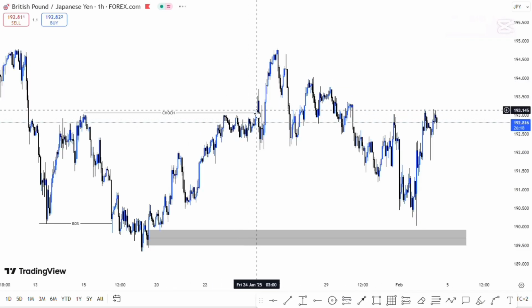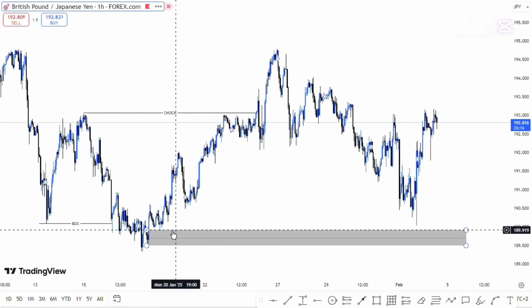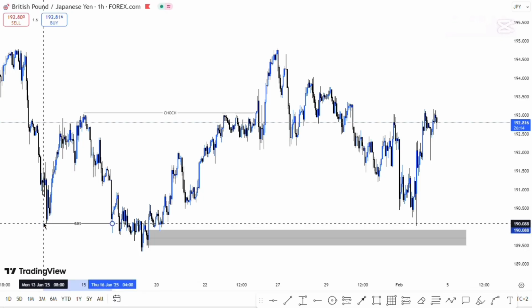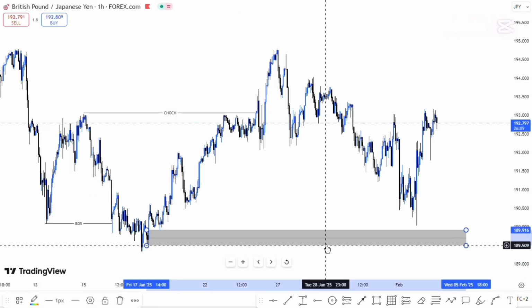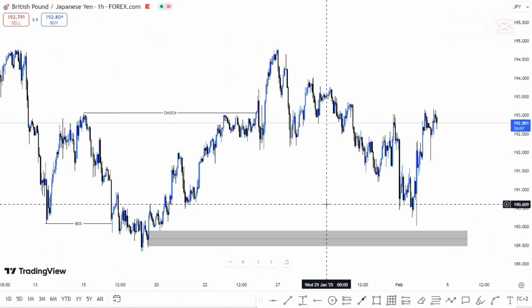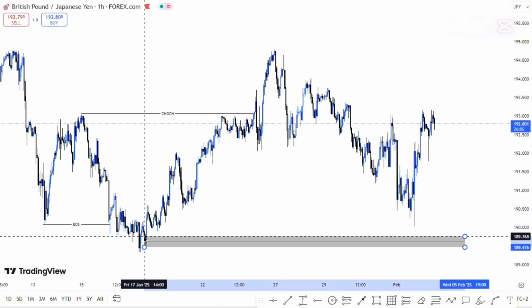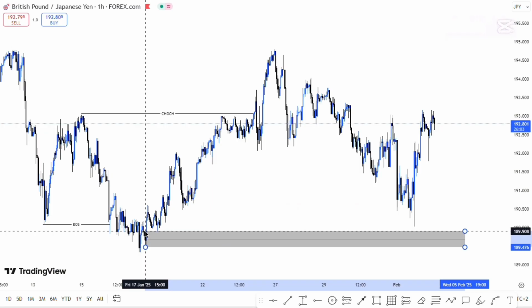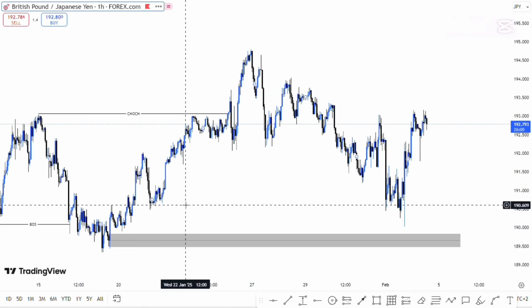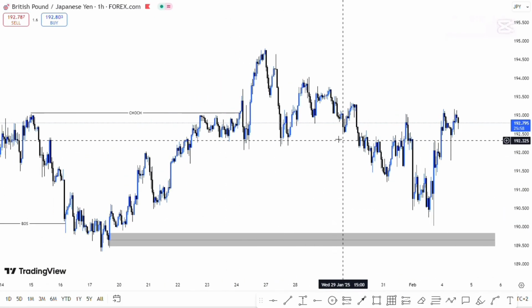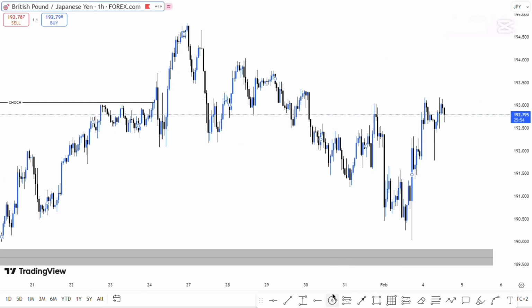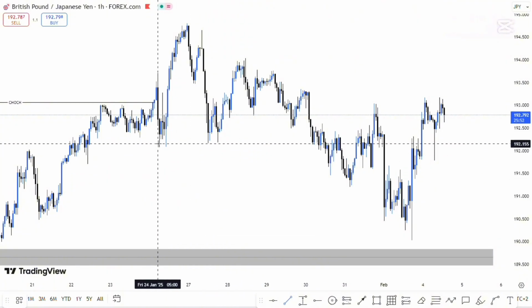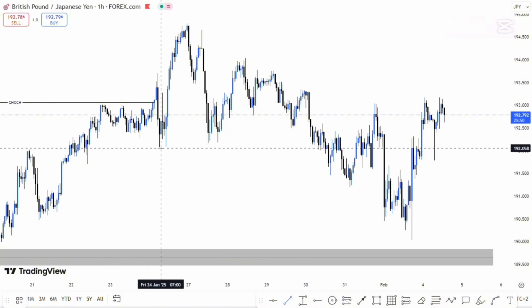Okay, now let's adjust. You can see from the 1-hour time frame the origin is this. And now since we are bullish, price gave us a correctional movement.